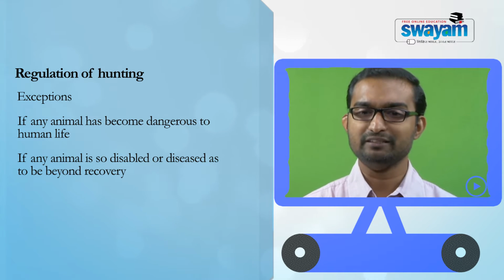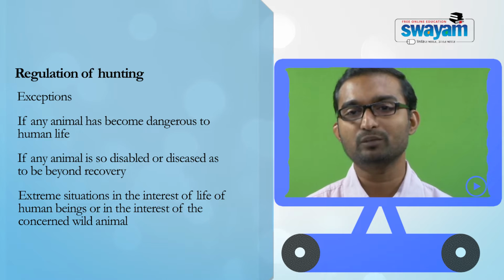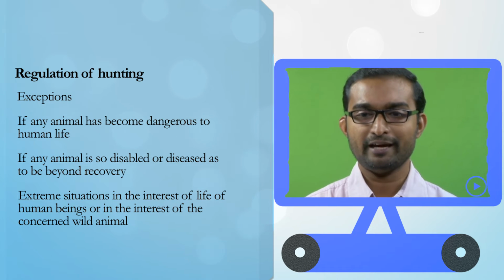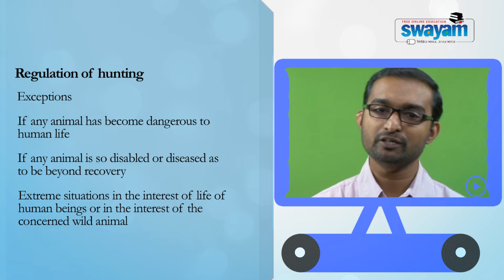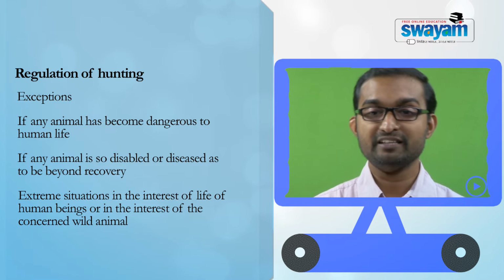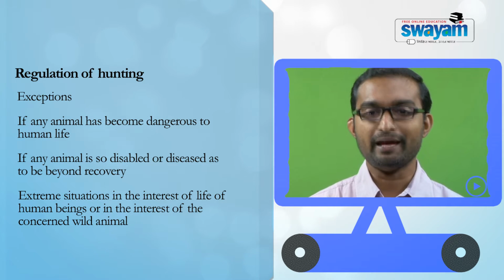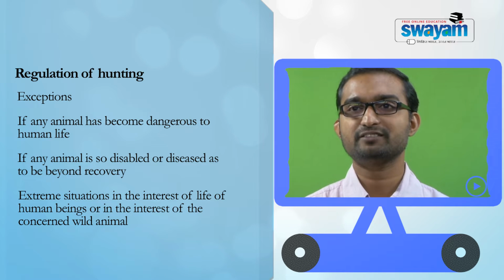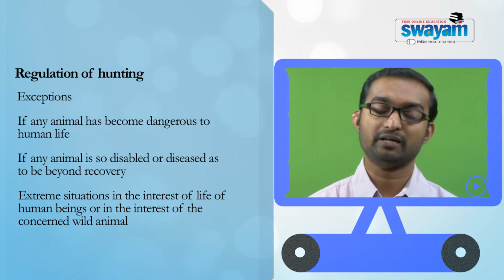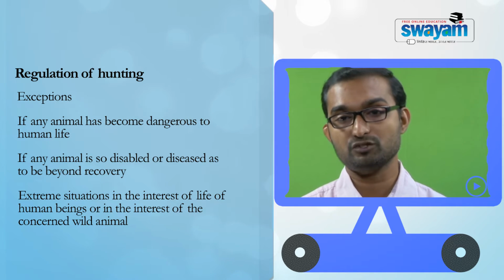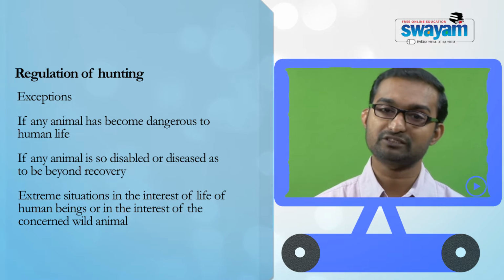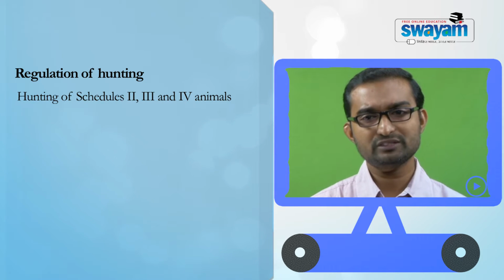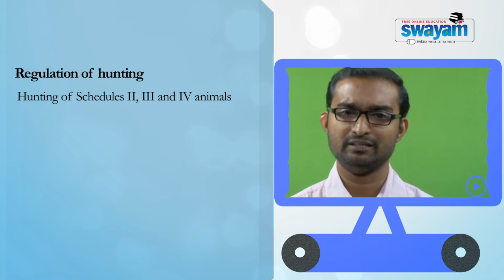These are the 2 extreme situations in which hunting of a schedule 1 animal is permitted: one for protecting human life, two in the interest of that particular animal. So that means there are virtually no other situations where hunting of a schedule 1 animal is permitted under the Wildlife Protection Act 1972.